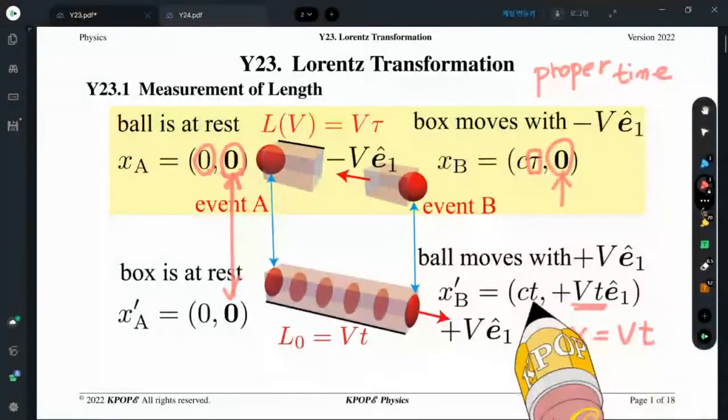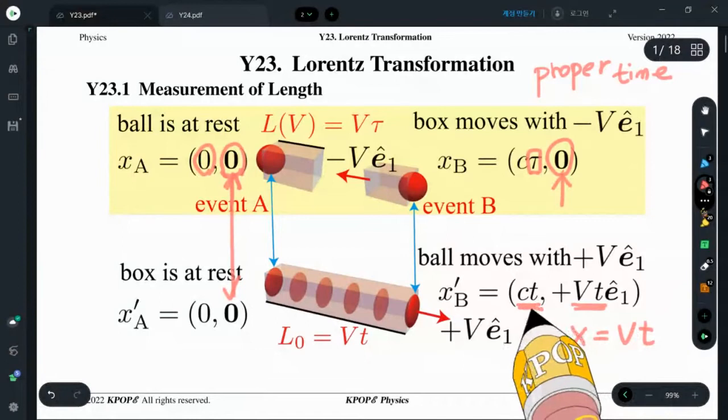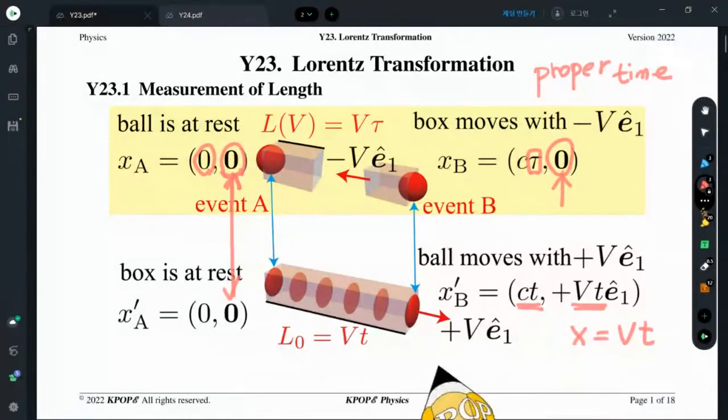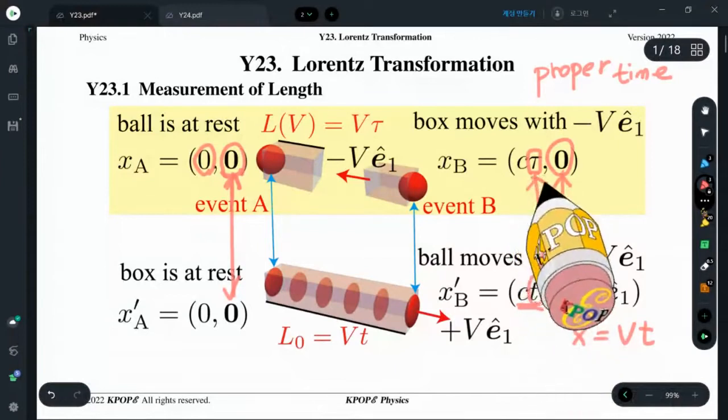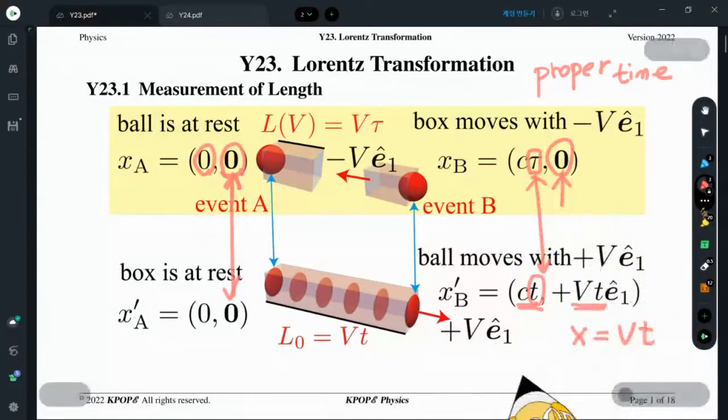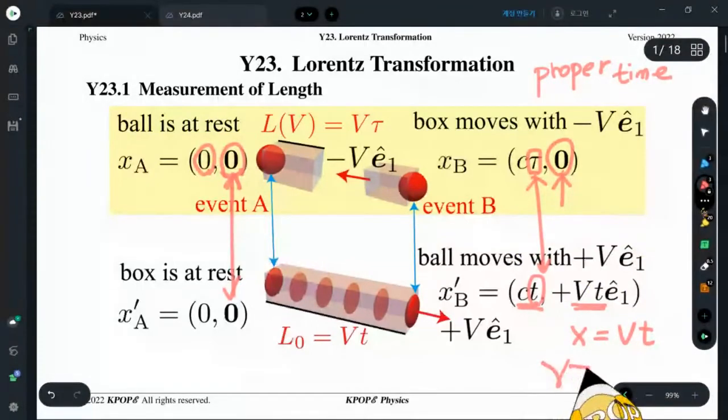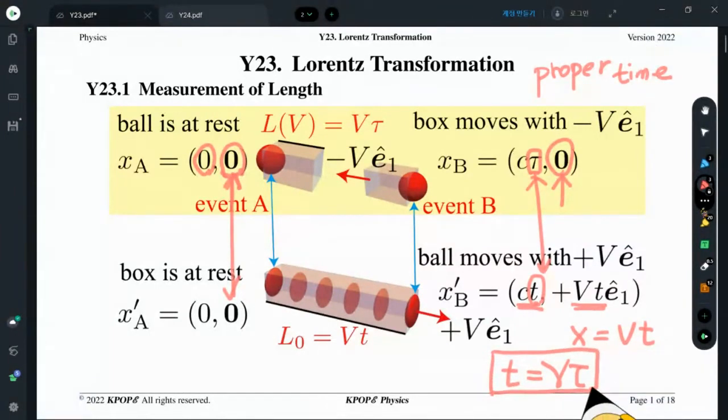And this time appears in the time coordinate too. However, this time is different from the proper time tau, that is gamma tau. This is what we learned in the last class, the time dilation.